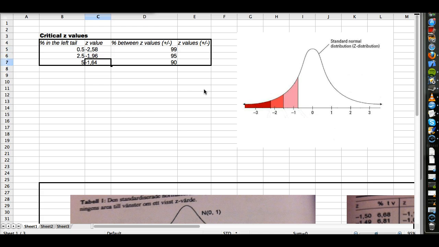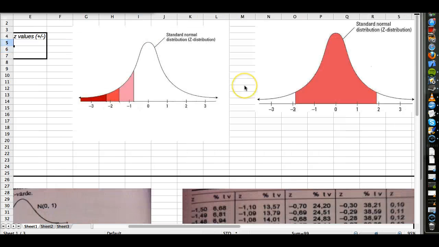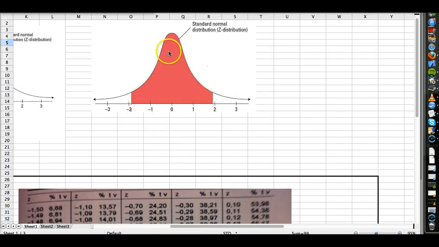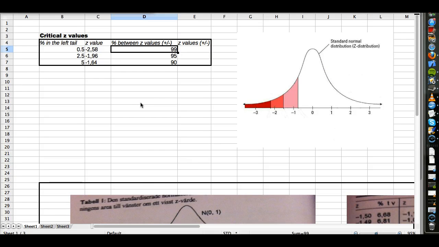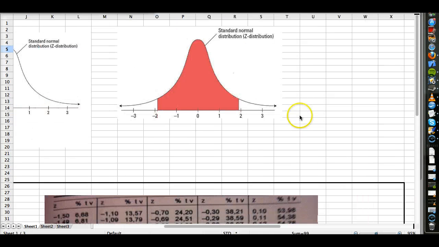And that's fair enough, but say I want to know the percent between two z values. So I want 99% of my distribution to be located in between two z values. How do I go about doing this? Well, if I have 99% in between my two z values, that also means that I have 0.5% in each tail.